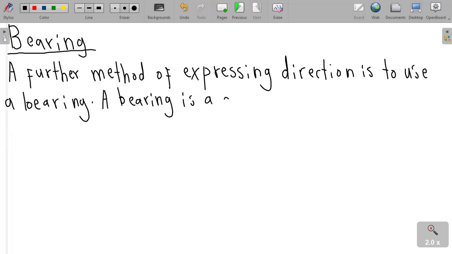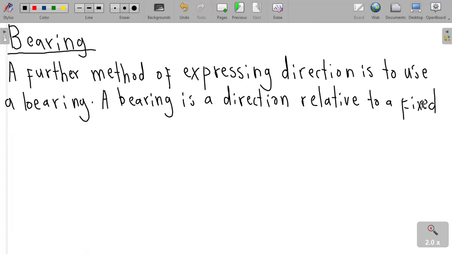So a bearing is a direction relative to a fixed point.